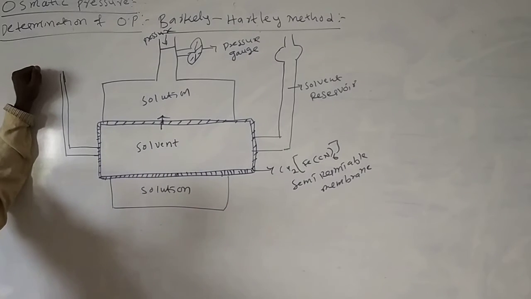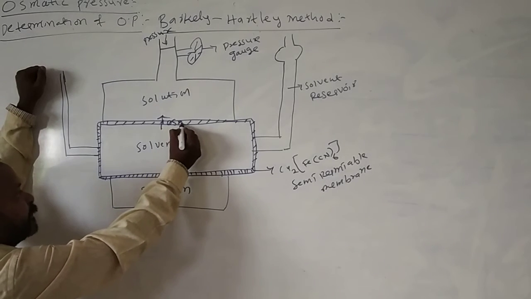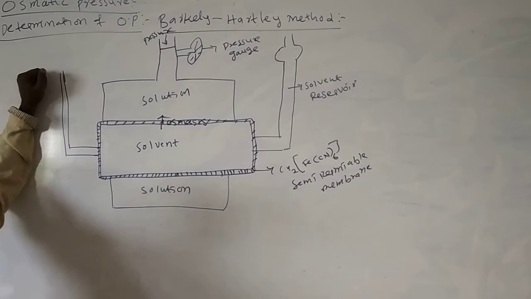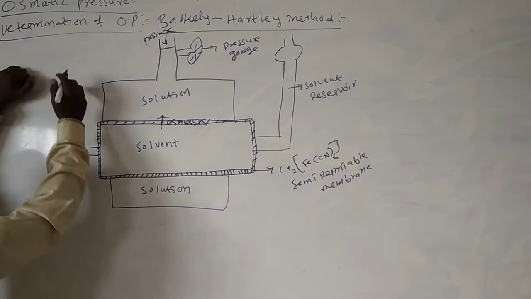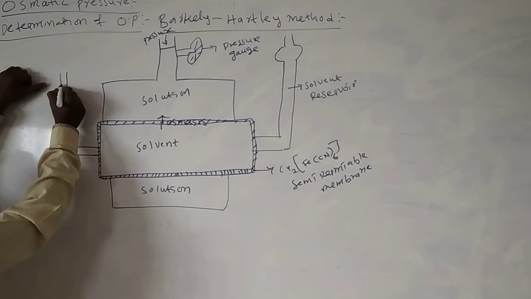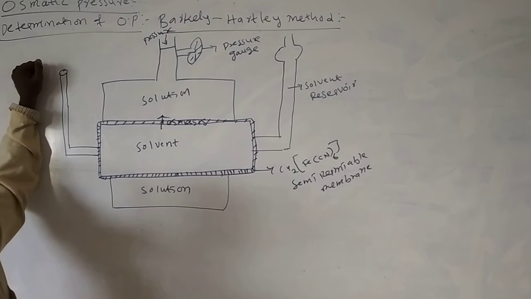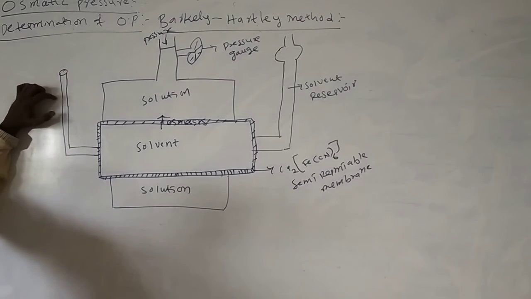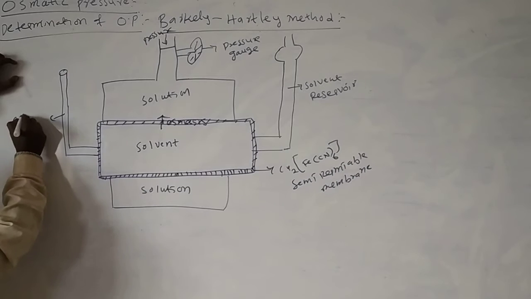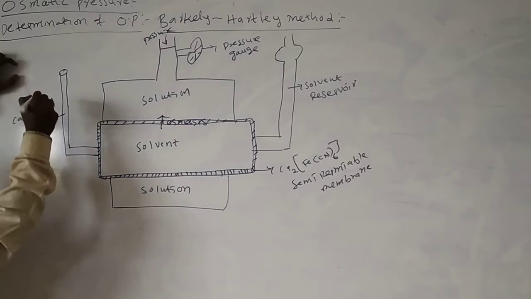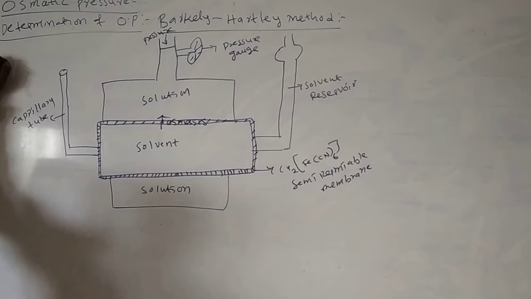That is what we call osmosis. If osmosis does not occur, the level in the capillary tube is stable. If osmosis occurs, the level in the capillary tube decreases.